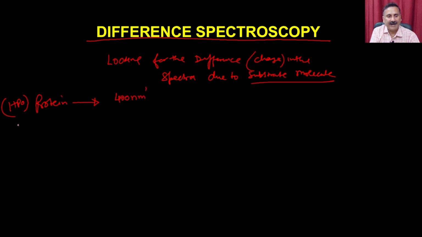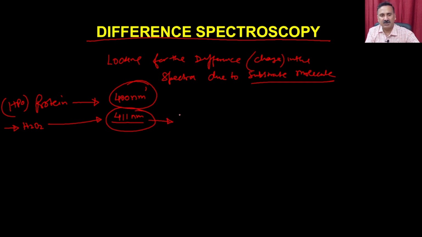Now, if I add a substrate, for example H2O2, what will happen is that H2O2 is going to take up some of the intensity from the protein, and that's why it is going to absorb at 411 nanometer. So the energy that was going into the protein will now go into the complex, and as a result it is going to show you a difference in the spectra.